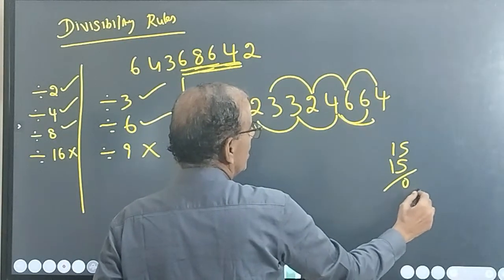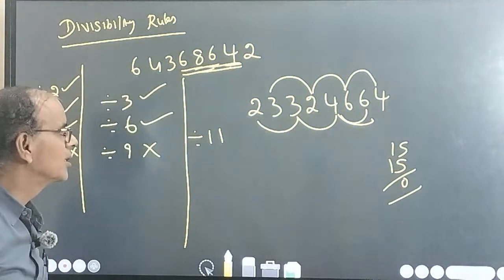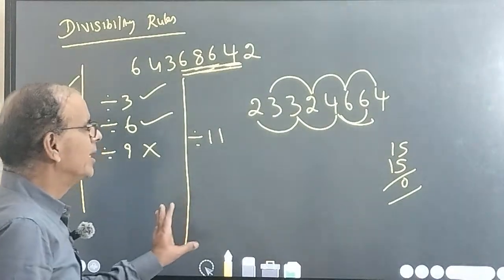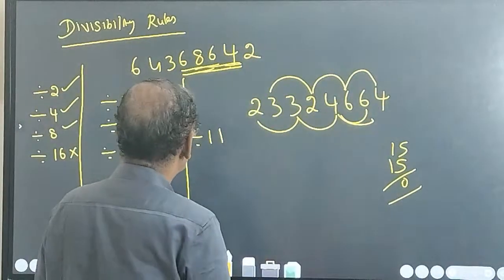What is the difference? 0. 0 means this number is divisible by 11. So 11 is a unique rule. Add alternate digits and then subtract.